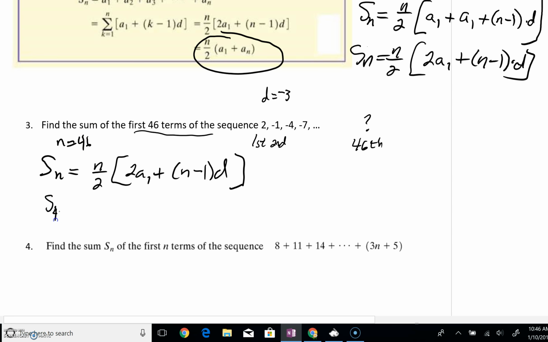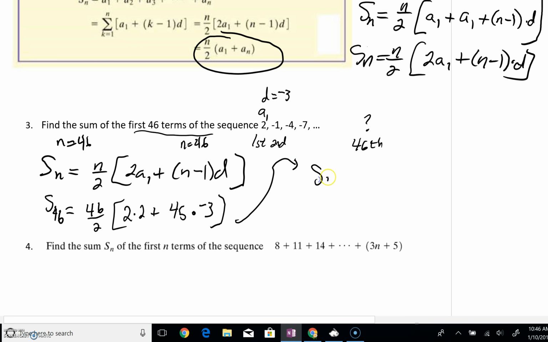You'd have S sub 46, adding up the first 46 terms. We'll have 46 all over 2. What's our first term? Well, our first term, I think we'd all agree, is a 2. And then if n is 46, guess what n minus 1 has to be? It's 45. And our d, you just found out, was -3. So at this point, we can just go ahead and clean it up.